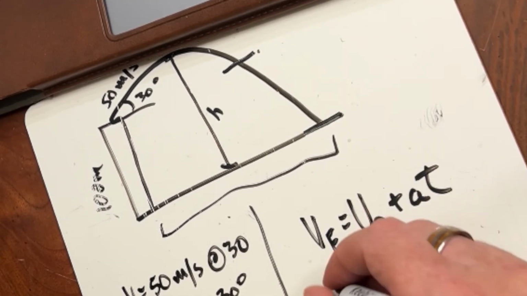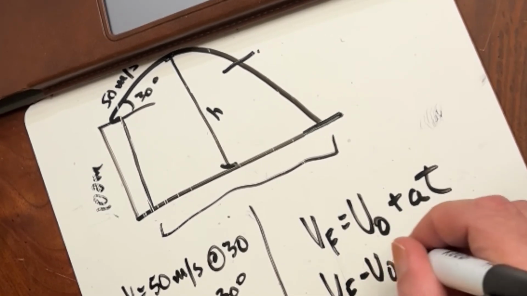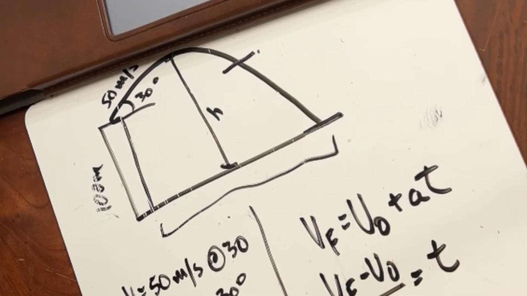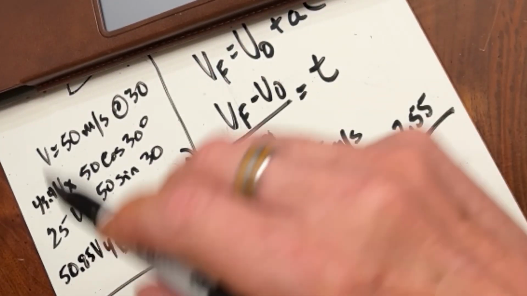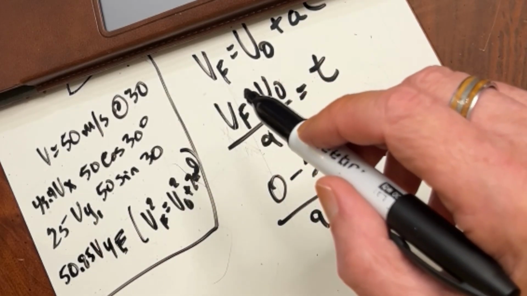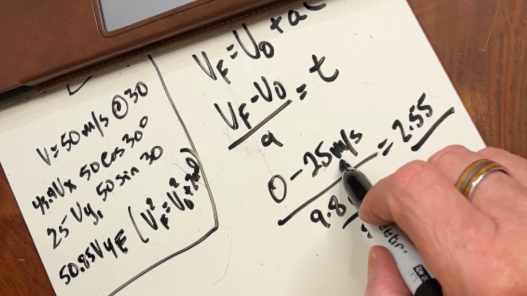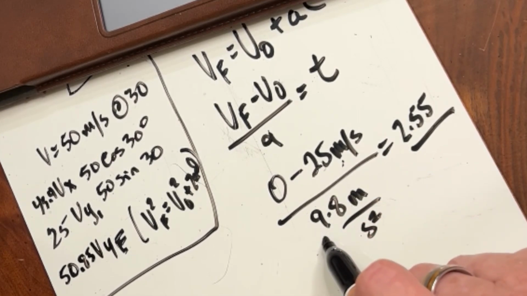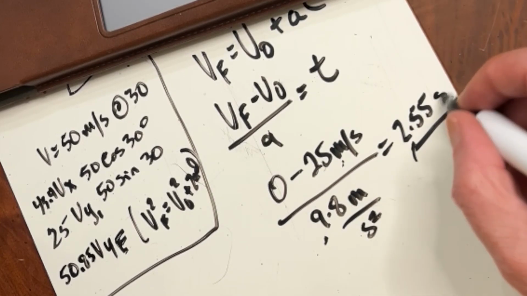If we rearrange this a little bit, we get V final minus V0 over acceleration equals time. V final at the top of the curve is 0, so that's 0 minus the initial velocity, 25 meters per second, divided by the acceleration of gravity, negative 9.8, and that comes out to 2.55 seconds.